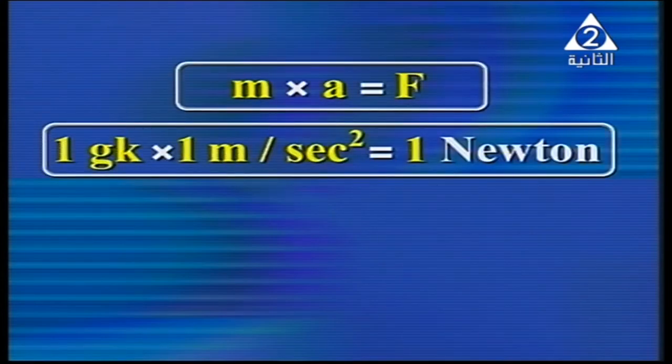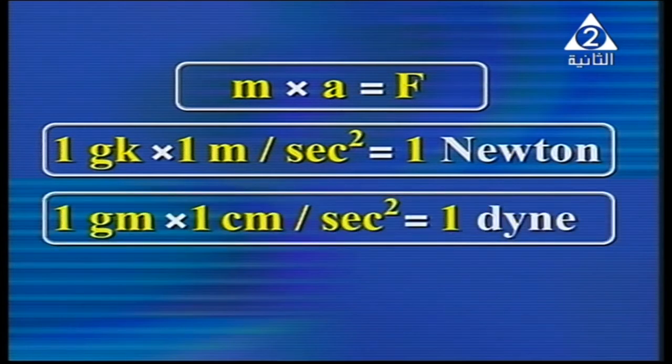What is the unit of m? Mass 1 kilogram. What is the unit of acceleration? Meter per second square. What is the unit of F? 1 Newton. Then the second unit: 1 gram times 1 centimeter per second square equals 1 dyne.